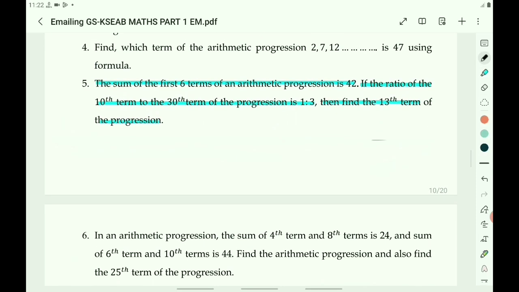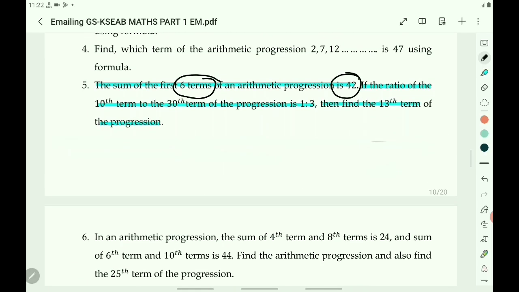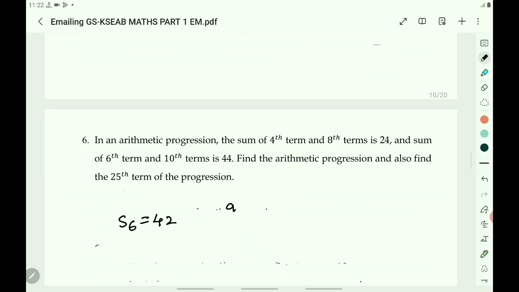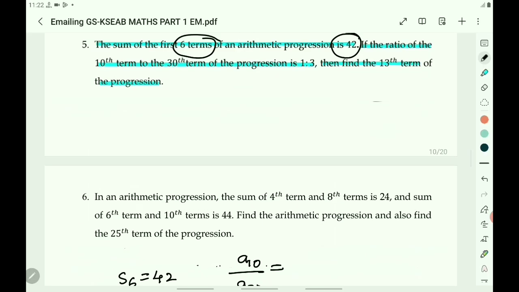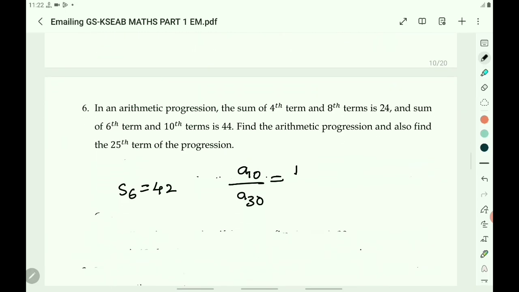Here what is given? Sum of the first 6 terms, S6 equals 42. Then the ratio of the 10th term to the 30th term, a10 by a30, equals 1:3, that is 1/3.